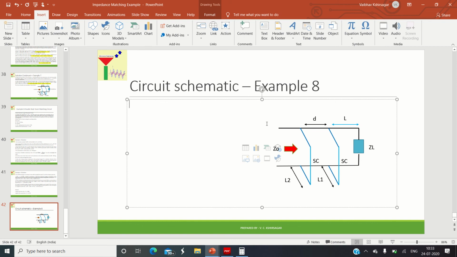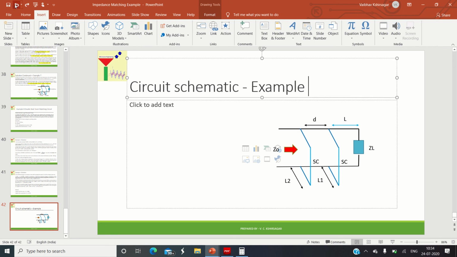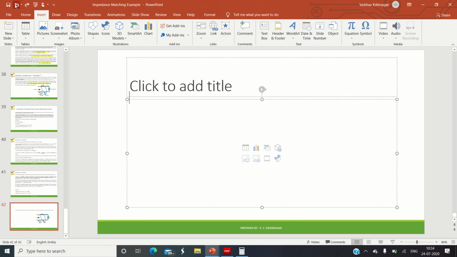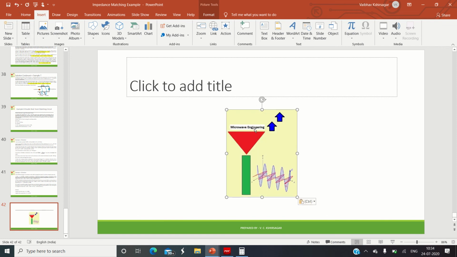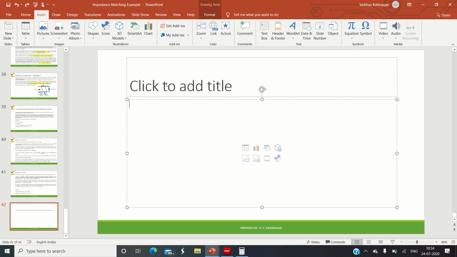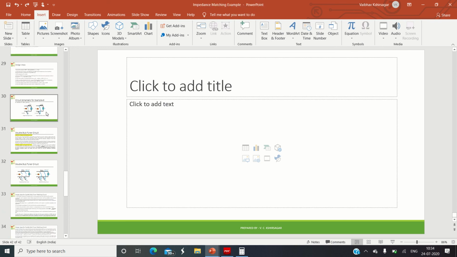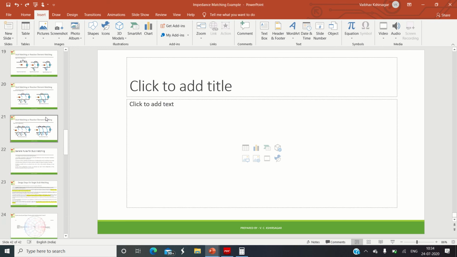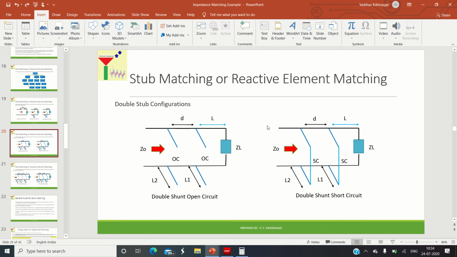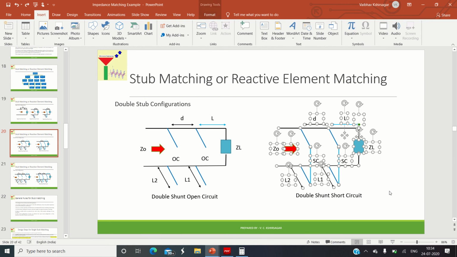Again you take the diagram because I have repeated the task. Take this diagram from here, because I want the same schematic.